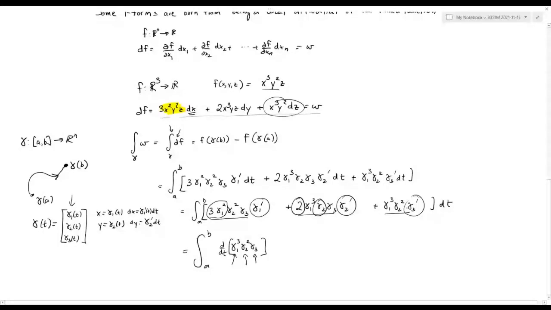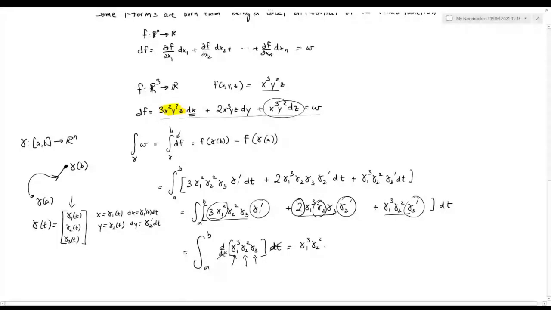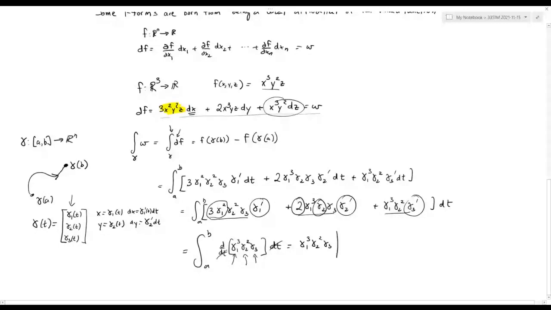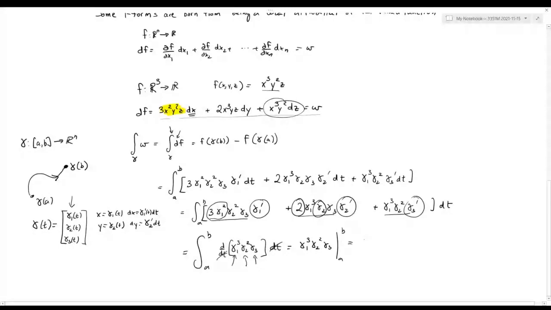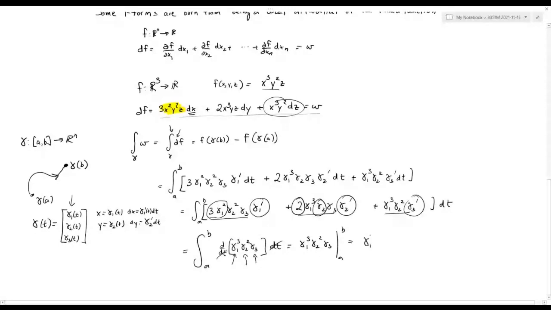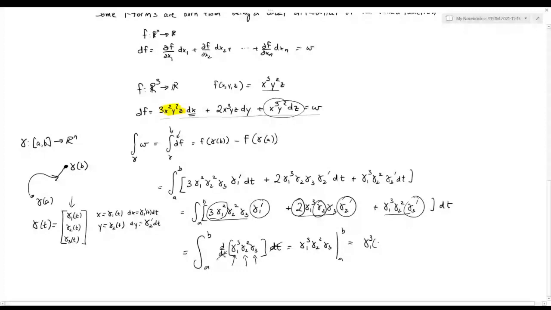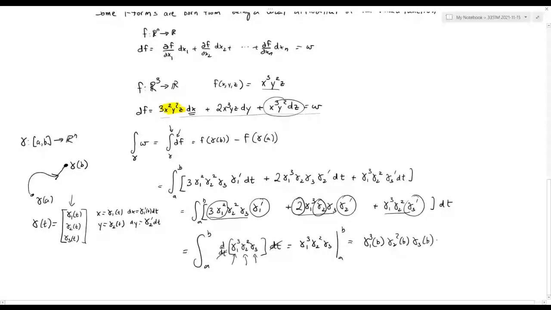Okay. So we see that, if you'd like, the anti-differential undoes the differential, and then we can just plug in the points. And indeed, we have gamma 1 cubed at the term at b, and so on. So I'm plugging in the upper bound. And then minus, this is from one variable calculus, right?